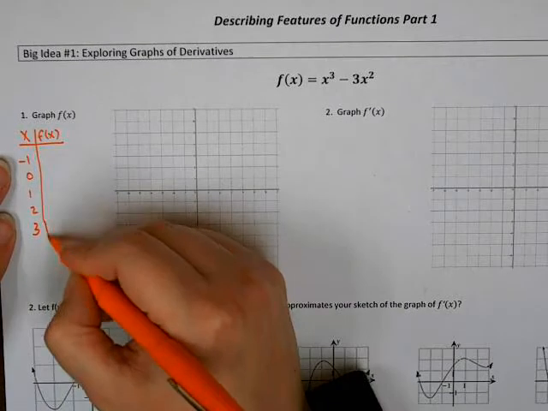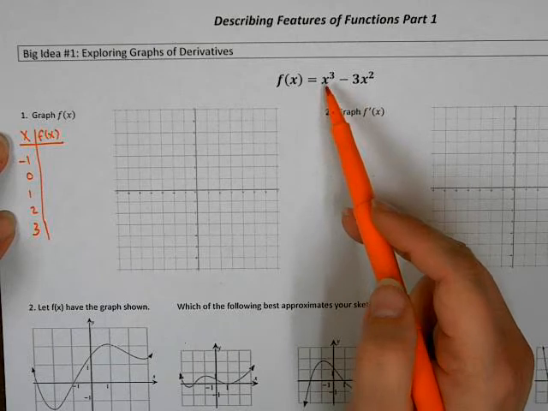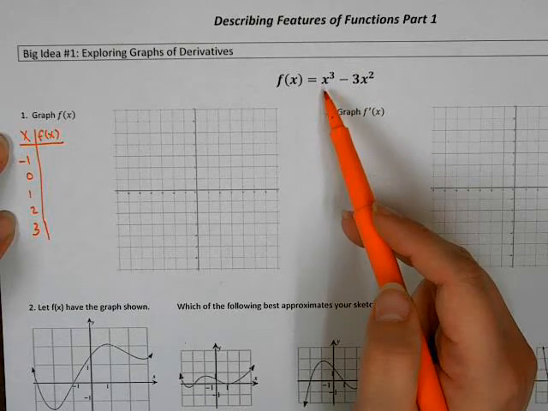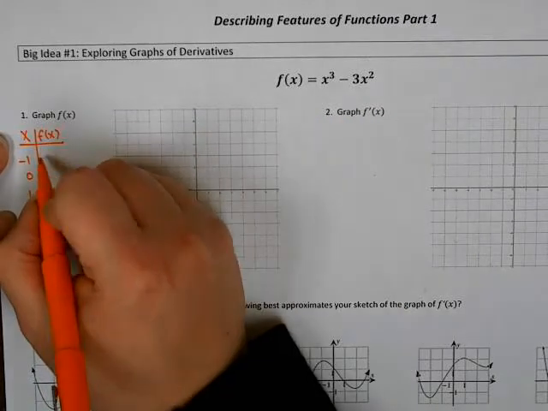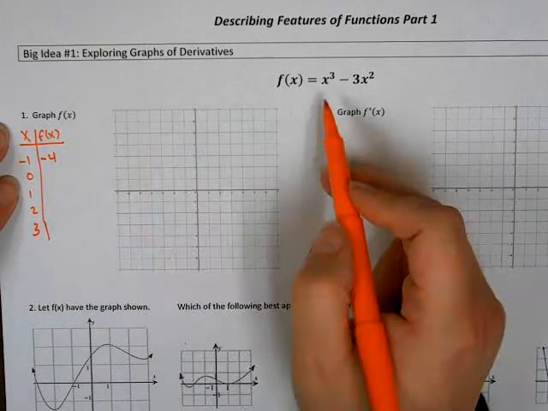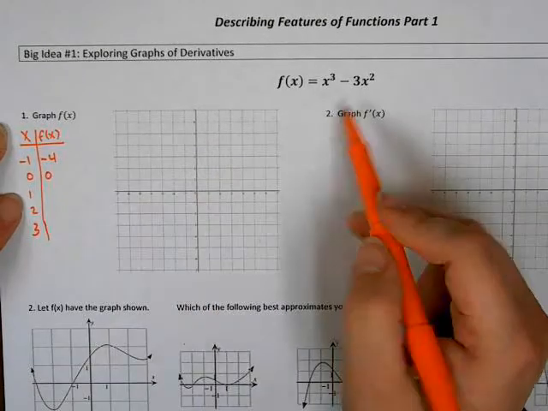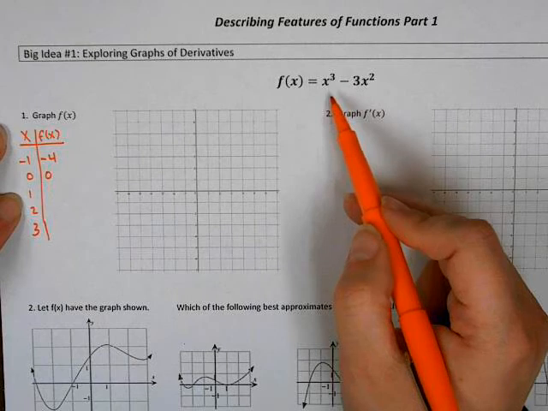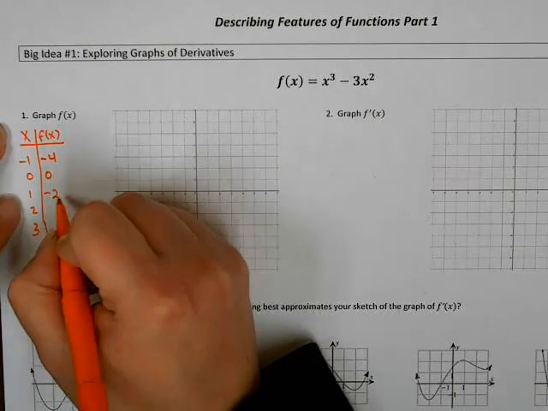Okay? So if I plug in -1, I know I'm going to have -1 cubed, which is -1, minus 3 times 1, so I know I'm going to get -4. If I plug in 0, that's nice and easy, I just get 0. If I plug in 1, 1 cubed is 1, minus 3 times 1, so that's -2.